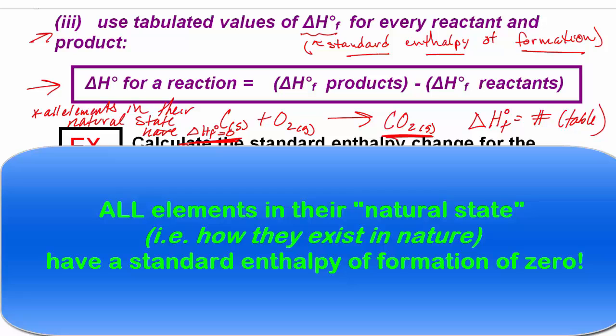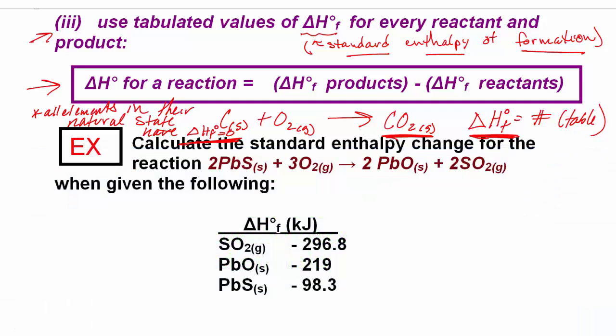So carbon solid, standard enthalpy of formation is 0. Oxygen gas, 0. Any element in its natural state, just how it occurs in nature, its standard enthalpy of formation is 0. So that's how they tabulated all these standard enthalpies of formation for all these different compounds. They just synthesized them from their elements in their natural states.